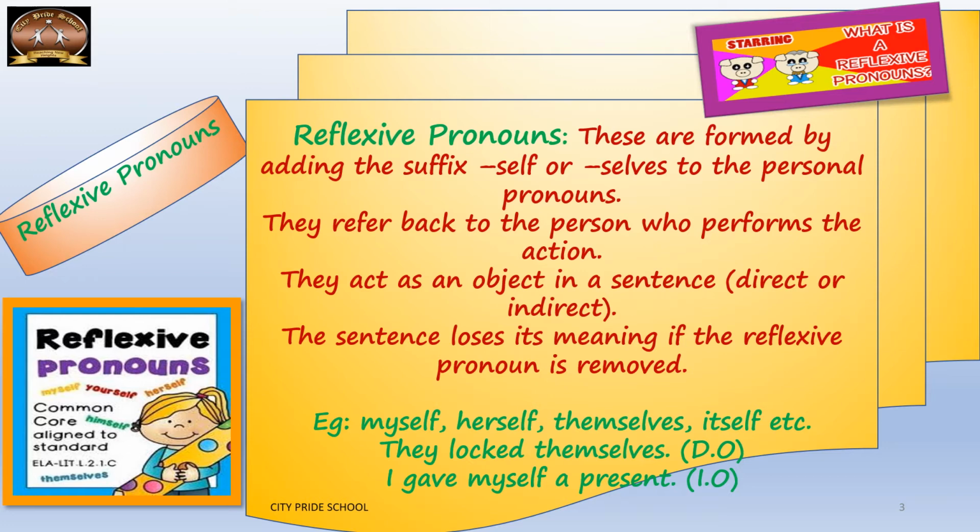If the sentence doesn't make sense, it is a reflexive pronoun. But if it still makes sense, then you have to see whether the reflexive pronoun is acting as an indirect object or not. If it is acting as an indirect object, then it is a reflexive pronoun, even if the sentence makes sense. So this is reflexive pronoun.